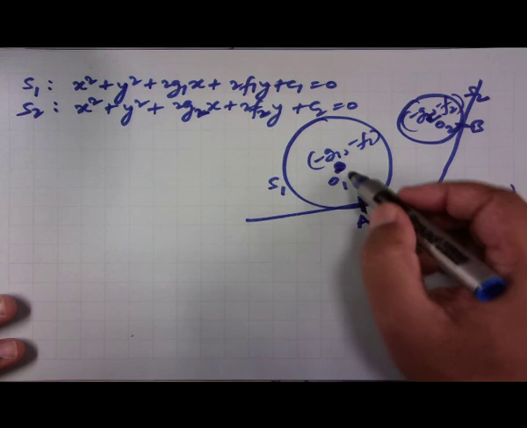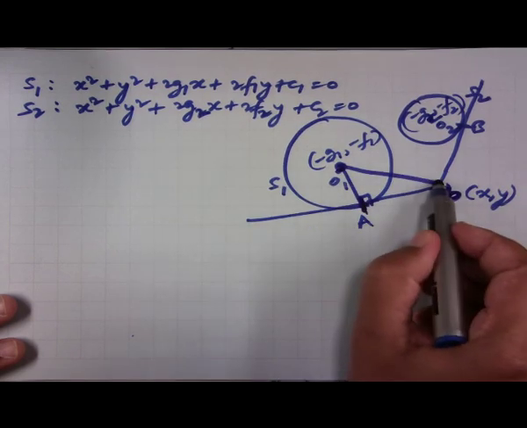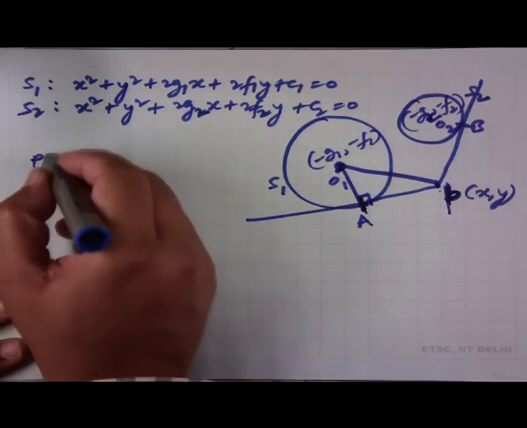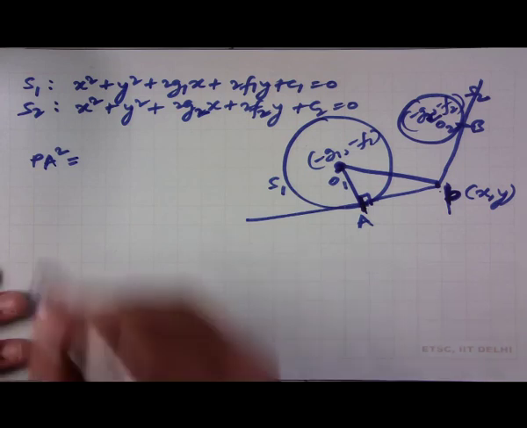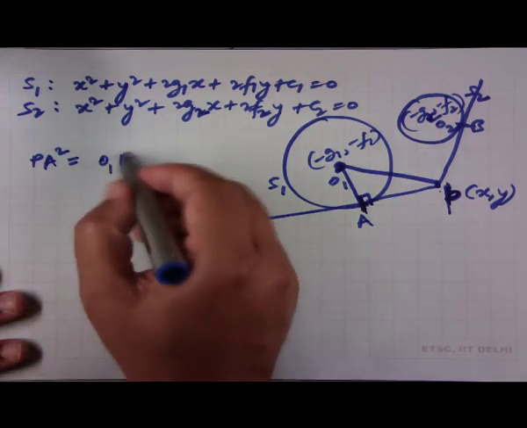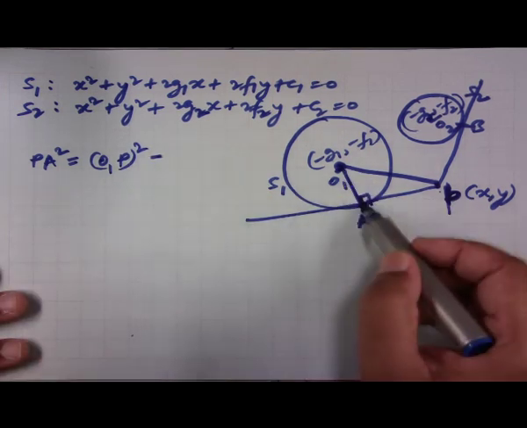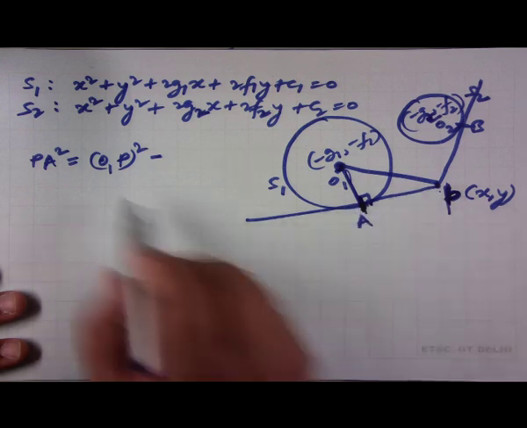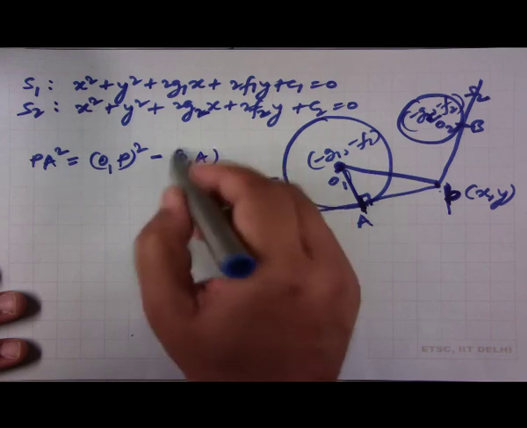Now, so this has to be 90 degrees. So, the squared length PA square is equal to O1P whole square using the Pythagoras theorem, because this triangle O1AP is a right angle triangle. We have PA square is nothing but O1P whole square minus O1A whole square.